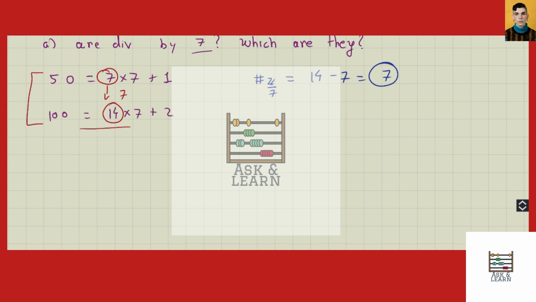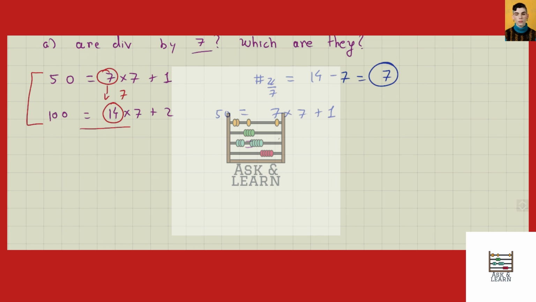So let's remember that 50, which is the lower bound, is equal to 7 times 7 plus 1, and over here we have the 100 that is equal to 14 times 7 plus 2. So which numbers are between these numbers?